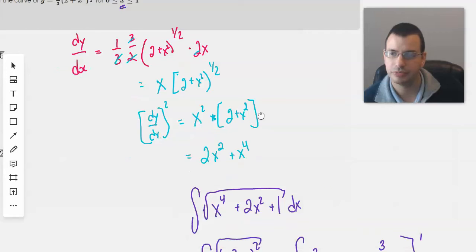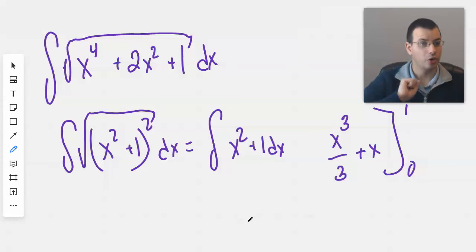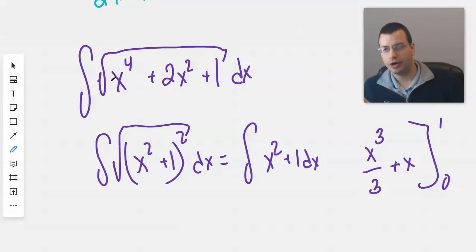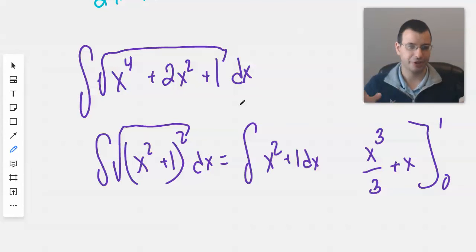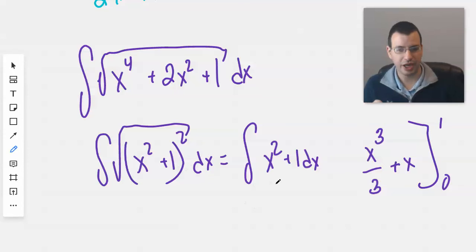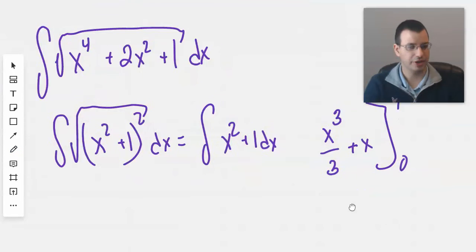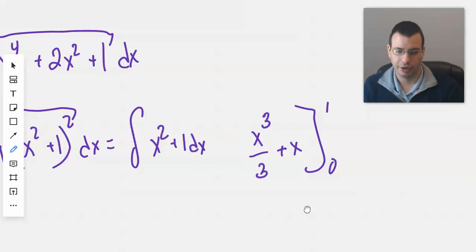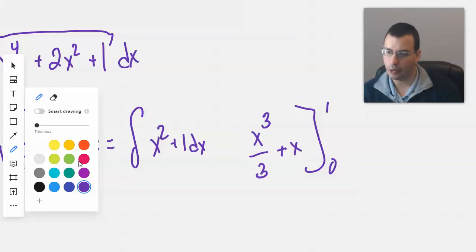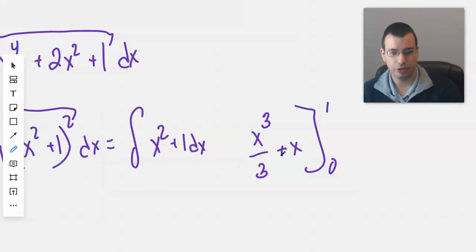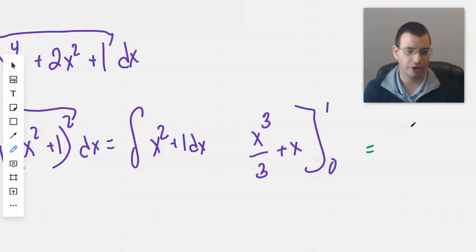So we got lucky: x to the fourth plus 2x squared plus 1 factors as a square. It's kind of like x squared plus 2x plus 1, except instead of just x, we have x squared. It works out, we did the square root, and we get this at the end. And now we will plug in values of 1 and 0.